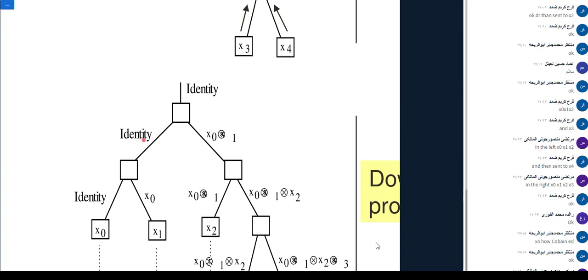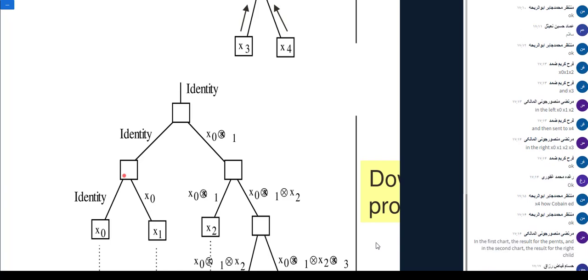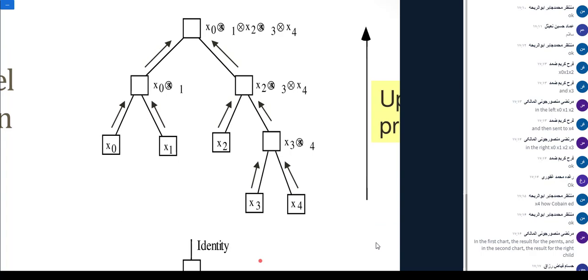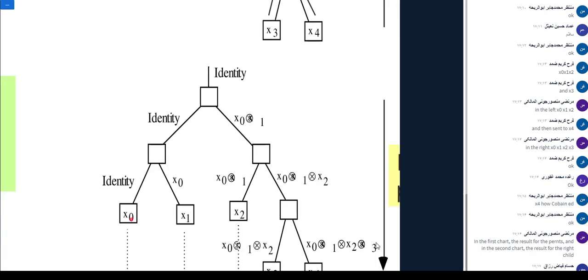What is received from up is transferred to left, and the previous left, not the current left, the previous left, I mean the left which was in upward, with up is transferred to right.